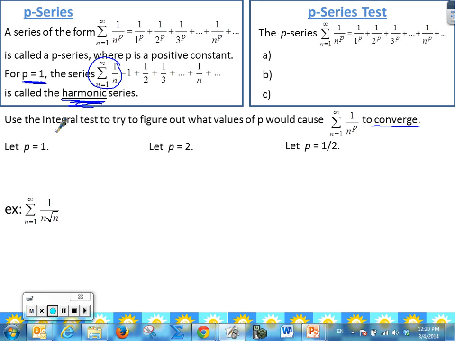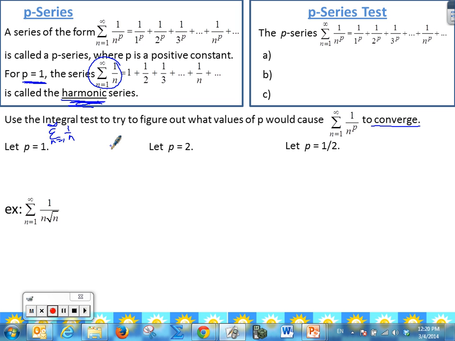So we'll go from n equals 1 to infinity of 1 over n. Let's do the harmonic series. This is positive, continuous, and decreasing, so we are allowed to use the integral test.